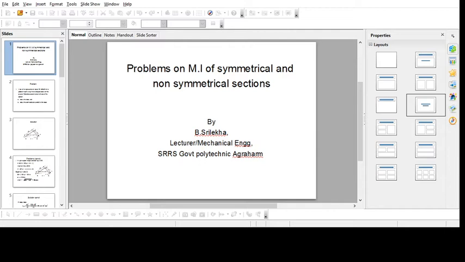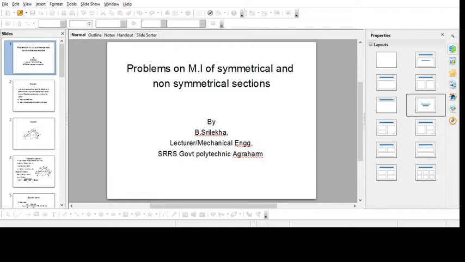So 10 into 90 cube by 12 plus 900 into 20.72 square. 900 is 10 into 90, its area. And 20.72 is 65 minus 44.28. So this is Ixx2. You will get a value of 9,93,886.56 mm to the power of 4.